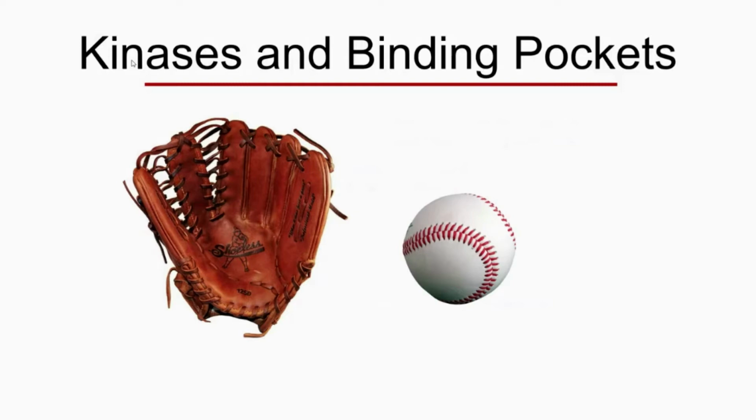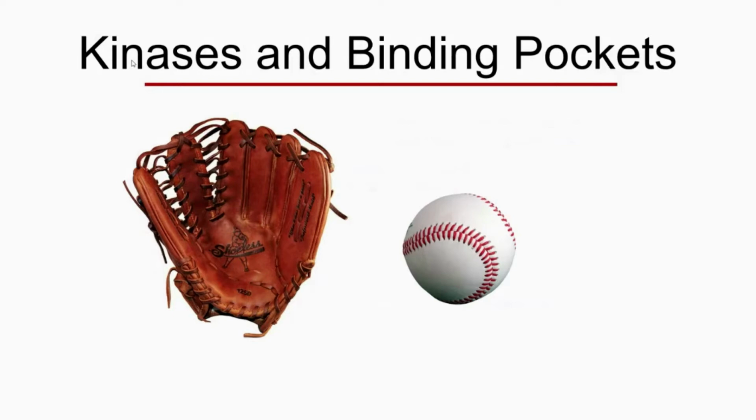One might look more like a catcher's mitt, some like a first baseman's glove, for those of you who are familiar with baseball. So the pocket is a little different for all of these. And sometimes the pocket is so similar to the normal pocket that it gets really hard to develop a drug that can distinguish the mutation versus normal, and that can lead to side effects.